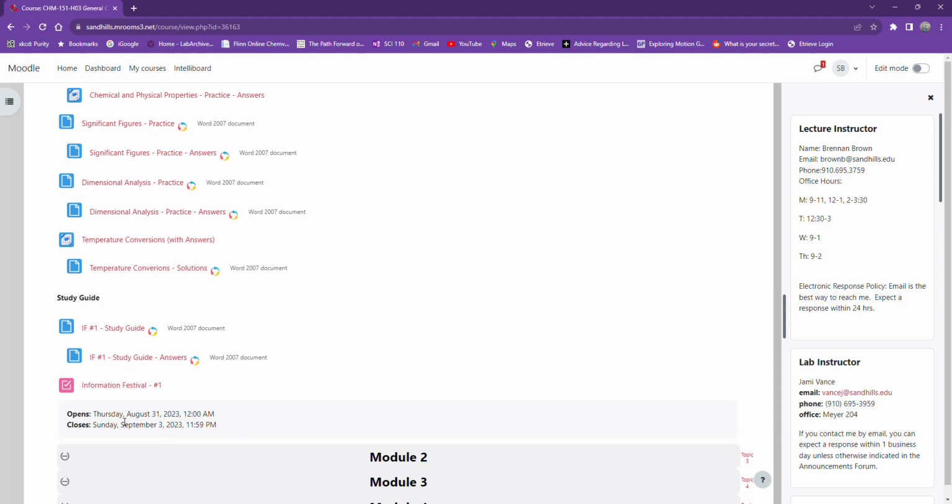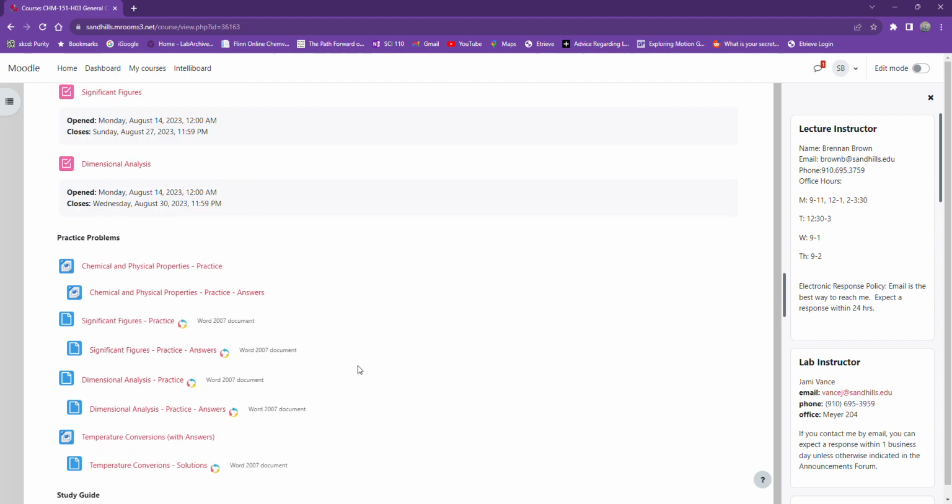Now, on the Information Festivals, you will only have one attempt, and you can only attempt each question on there one time. Furthermore, these are timed assignments, and you will have about 2 hours to complete every one. So when it comes time to do the Information Festival, make sure that you set yourself aside about 2 hours in that time period between Thursday and Sunday to take your exam.